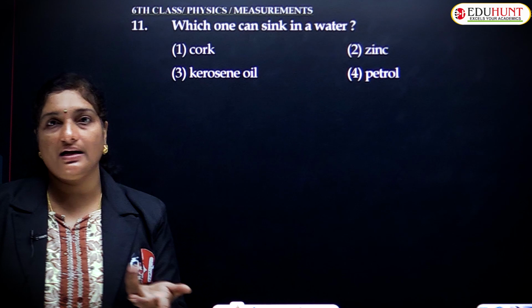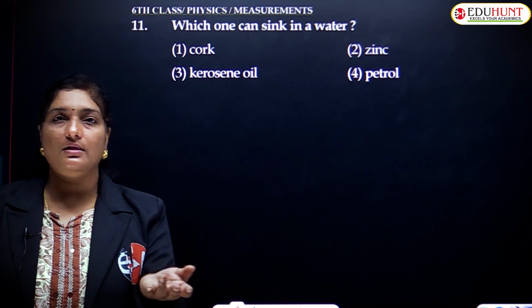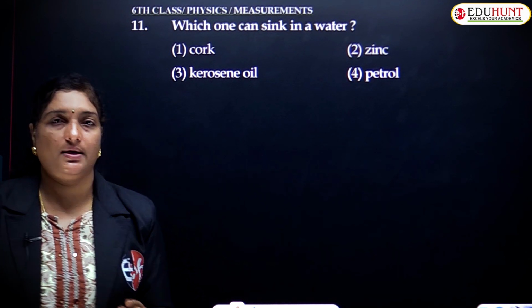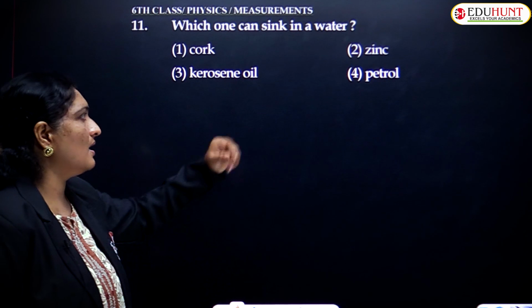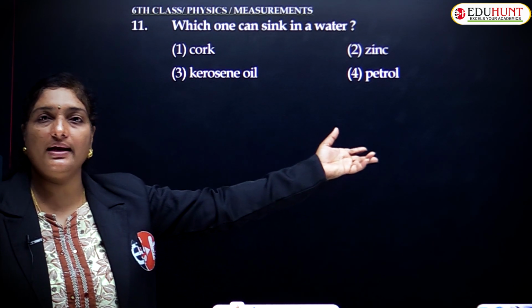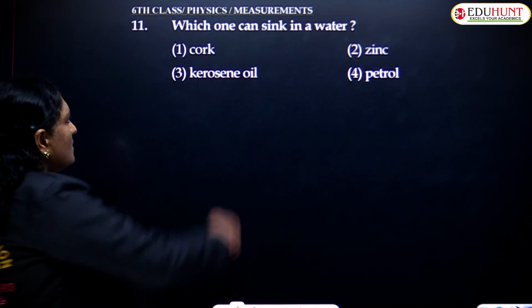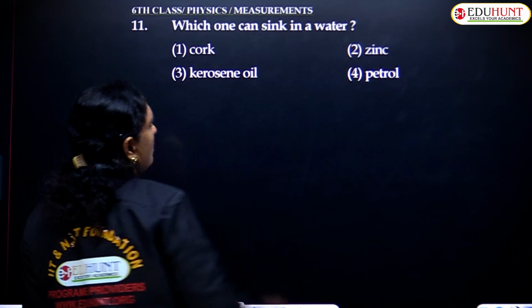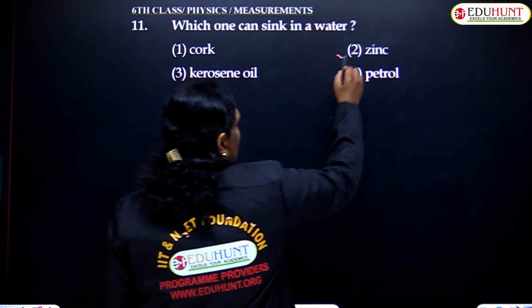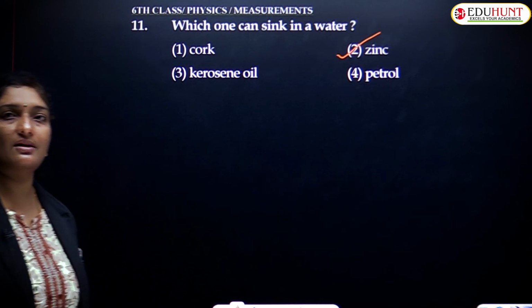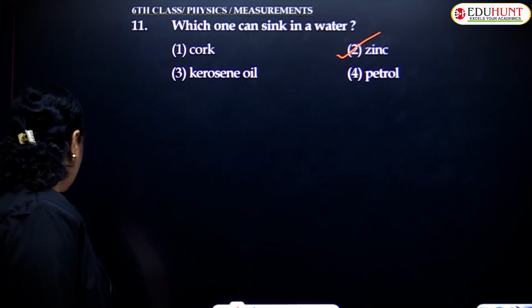Kerosene oil, you would have observed at home, the oil will float on water because of less density. Petrol is also a type of oil which has lesser density, so petrol also floats on water. So cork, kerosene oil and petrol float on water, whereas zinc is a metal which definitely sinks inside water.